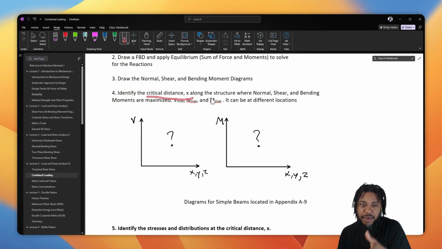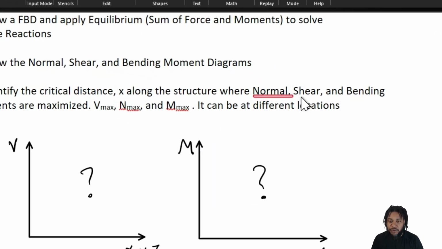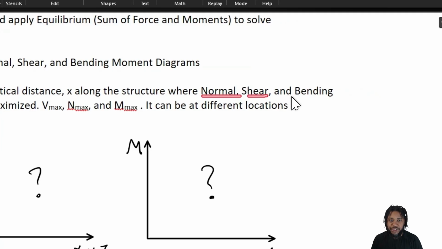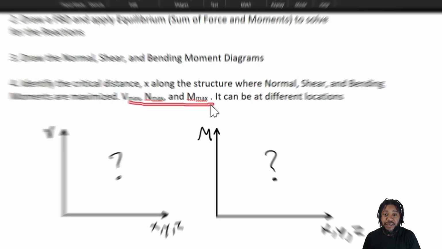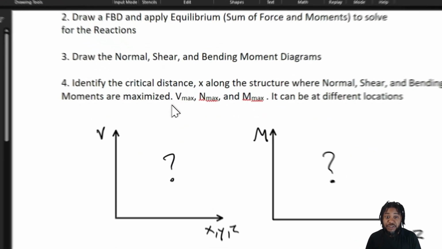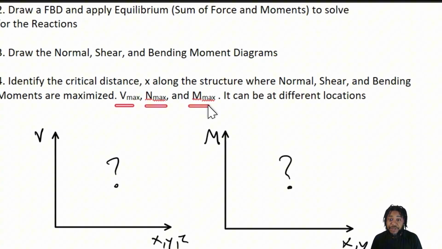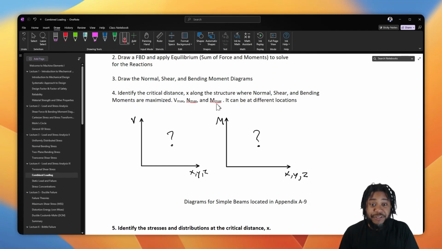Where along our member are the normal forces, shear forces, and bending moments maximized? Where are they the largest? These values could be maximized at different locations along the beam, right?